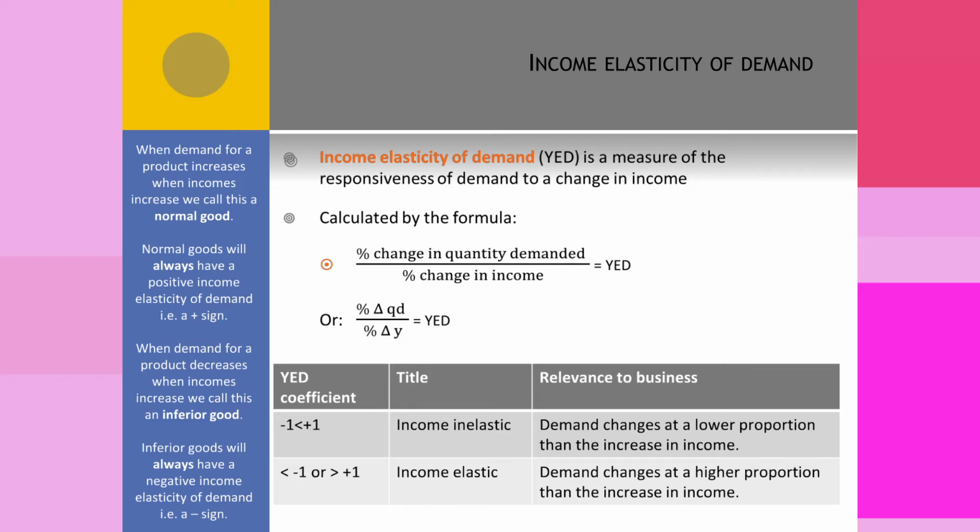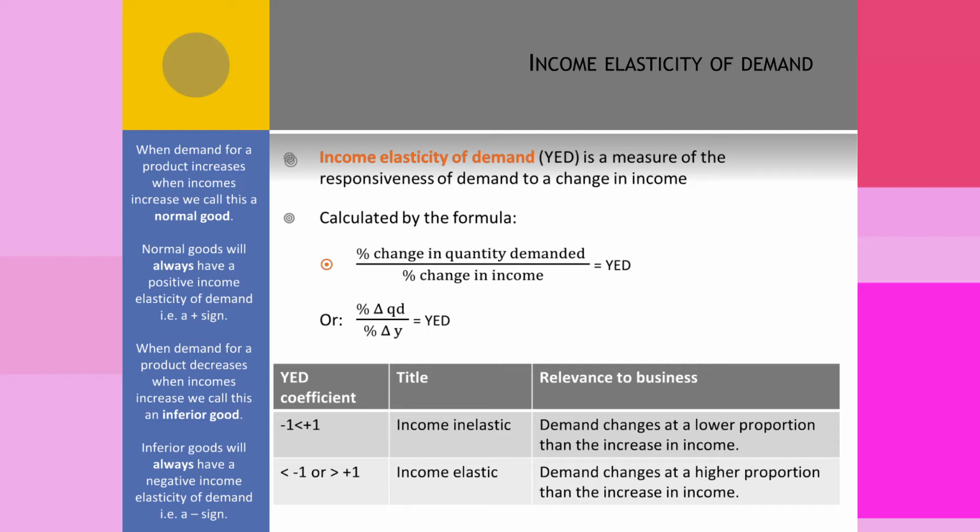When the demand for a product decreases when income increases, we call this an inferior good. So my income's gone up, but what's gone down could be anything from bottled water, okay? Maybe I'm buying sparkling water now. My income went up, but my demand for a product went down.